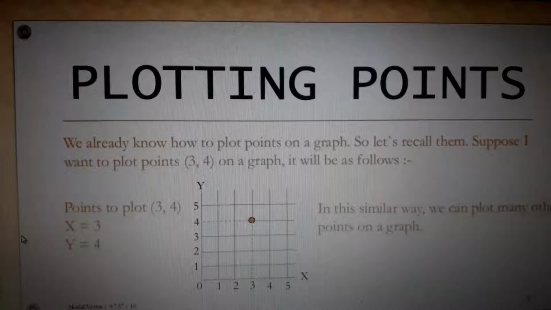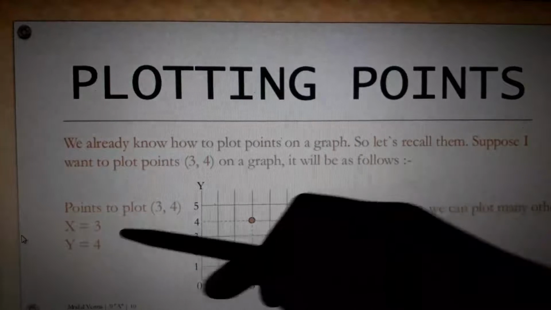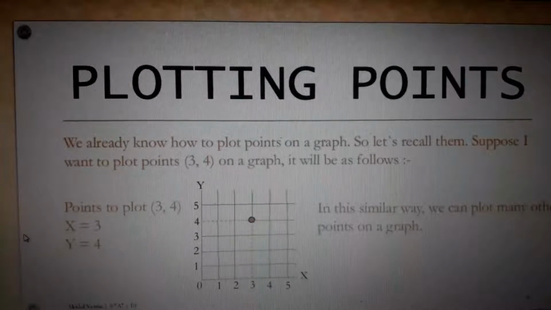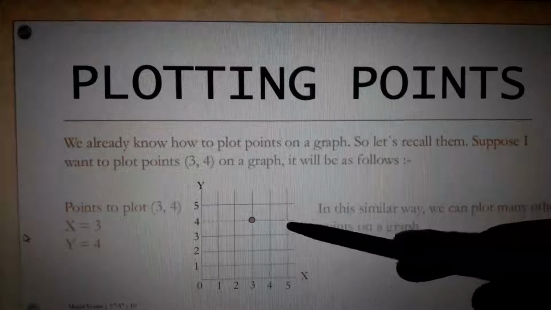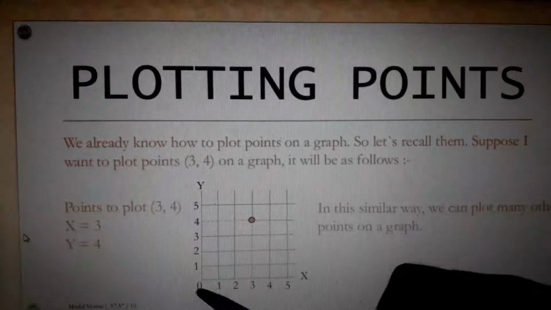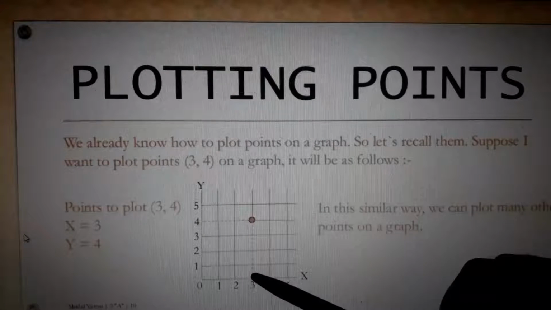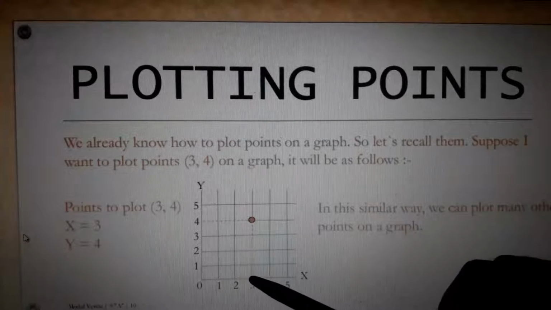So if somebody tells us to plot a point 3, 4, how will you plot it in the map? In this map, it is already plotted. In the x-axis, what is the value? 3. So you must mark first 3 here.